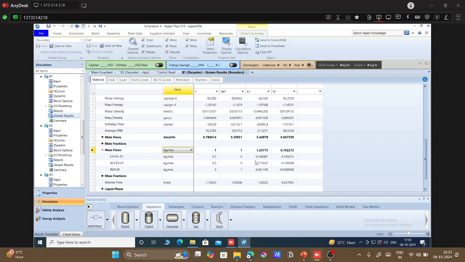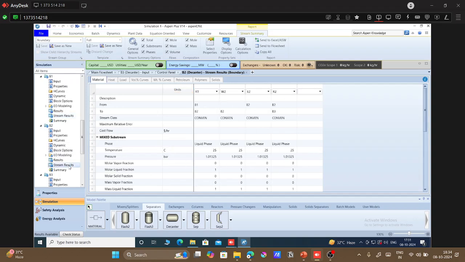Acetone has a good affinity towards water compared to ethyl acetate. So in the extract E1, we should have more acetone compared to ethyl acetate. And in our raffinate, the majority component should be ethyl acetate, then acetone, followed by water. So that is the case, right?